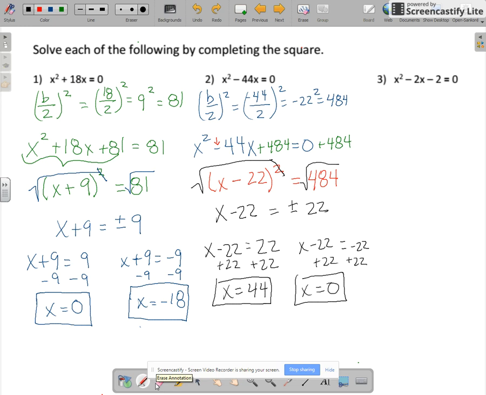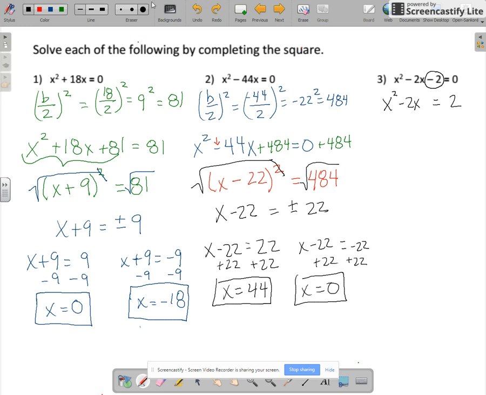And our last one, number 3. In this one, step number 1 is not completed, so we need to get our constant to the other side. Since we're subtracting 2, we are going to add 2. So x squared minus 2x is equal to 2.